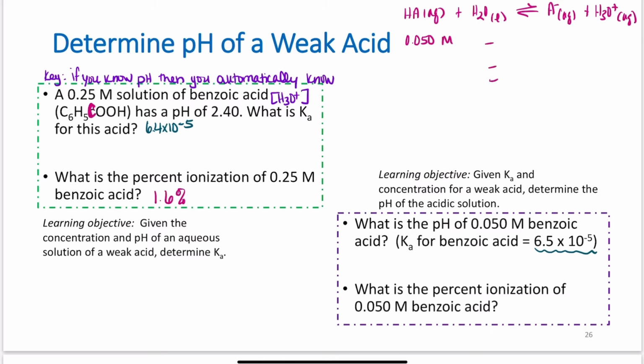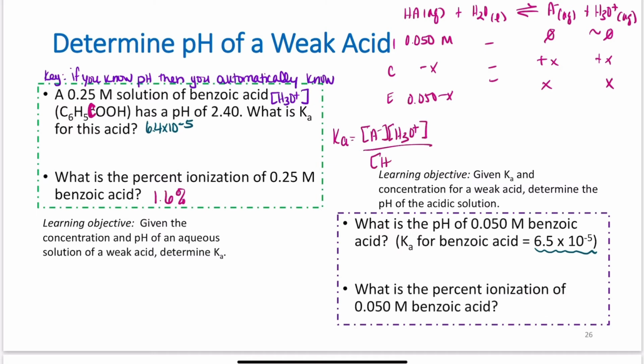It's about double. And we know our Ka equal to A minus times H3O plus divided by HA is equal to X squared over 0.050 minus X. This equals 6.5 times 10 to the minus 5th.